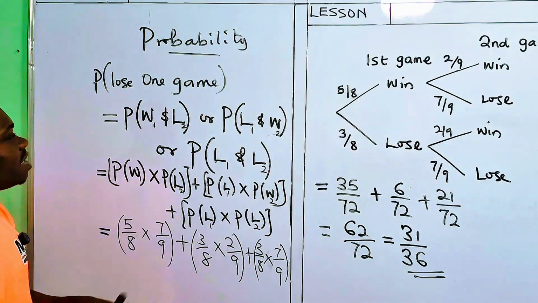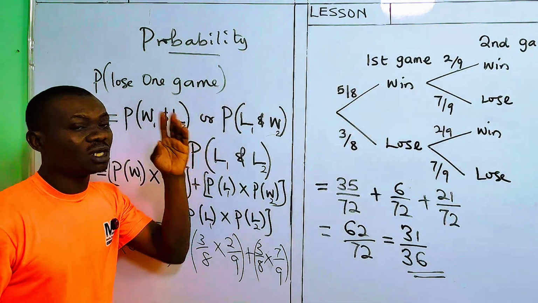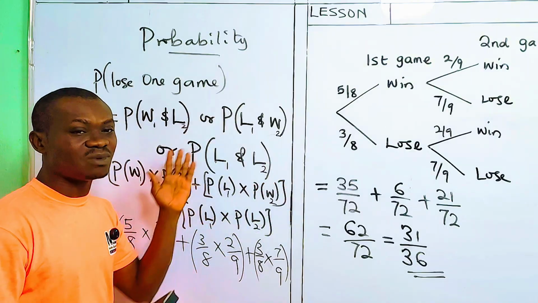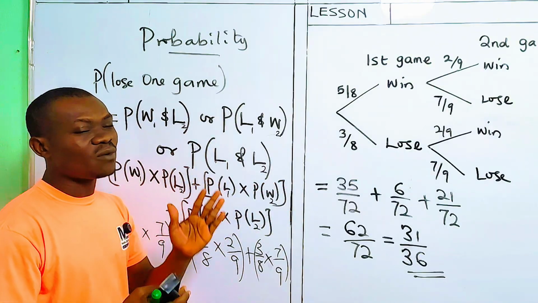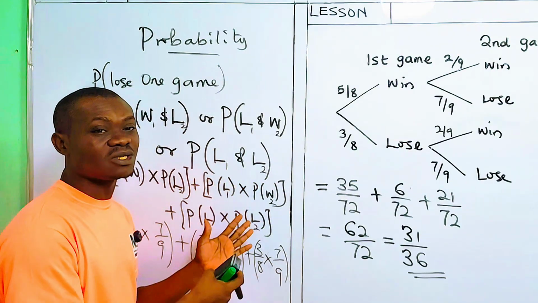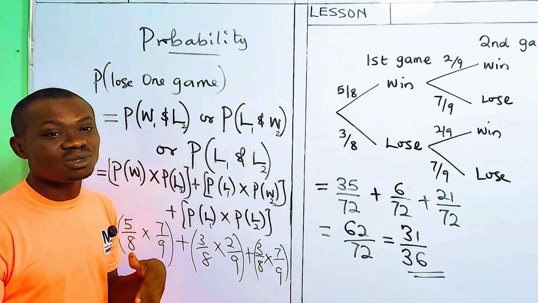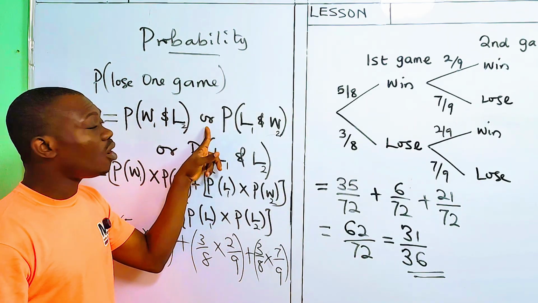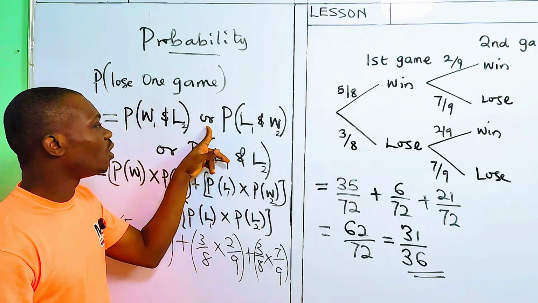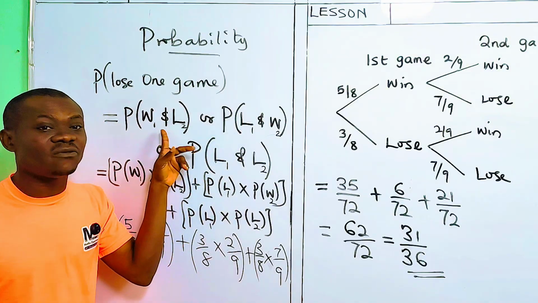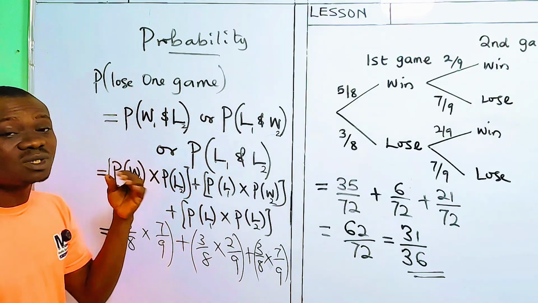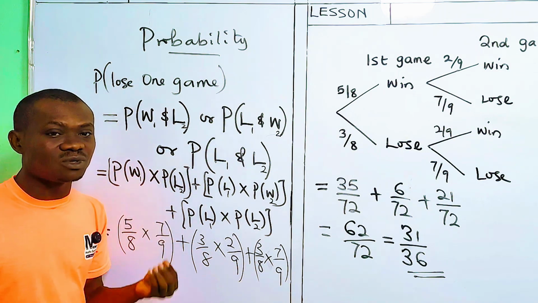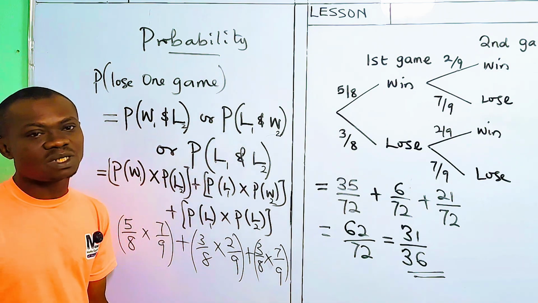So again, note that we have mutually exclusive events, which lead us to the addition law, and independent events, which lead us to the product law. How do you know that? When you see and or or: or is mutually exclusive, so you add, and and is independent events, so you multiply. Secondly, and most important, you must be able to interpret the question.